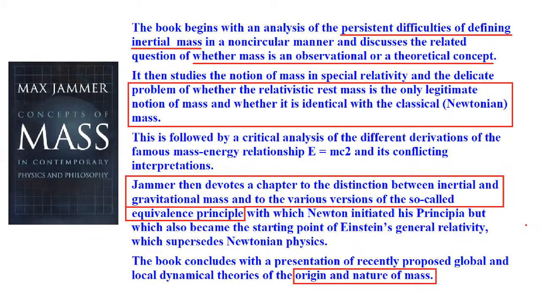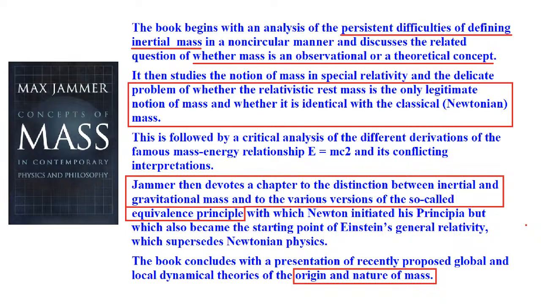Then this fellow goes over the problem of whether the relativistic rest mass is the only legitimate notion of mass and whether it's identical to Newtonian mass. Obviously it ain't. There's a difference between Newtonian mass, which is quantity of matter, the notion he had, and the notion of mass that came out of relativity. There at the bottom, Jammer then devotes a whole chapter to the distinction between inertial and gravitational mass.